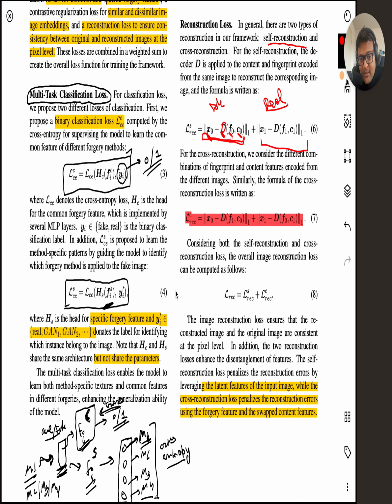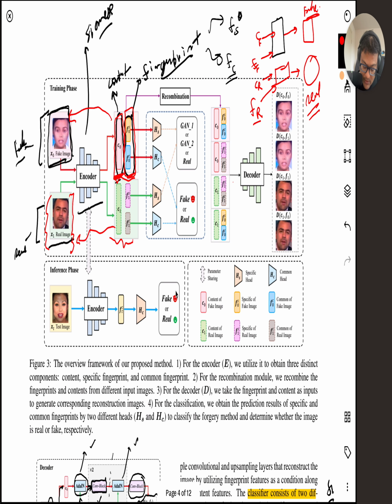And similarly, what they are saying is that you can do this job in the opposite direction. And what this means is, for this you can go to the earlier slide.